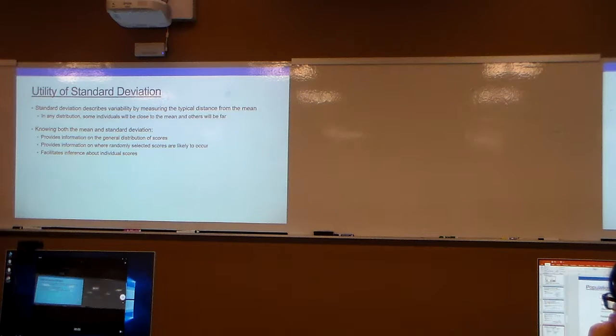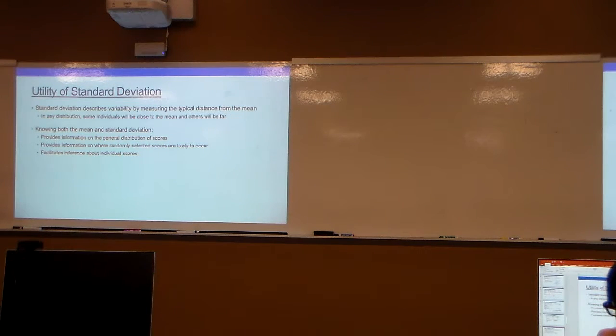All right, so our standard deviation is nice from a descriptive standpoint because it gives us an index of variability, measuring a typical distance from the mean. Not technically the average, but if we've got reasonably sized samples, it tells us about how far the average person is going to fall from the center.